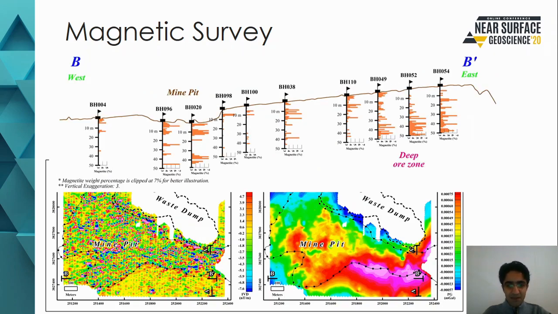And this is the BB prime section. It also greatly highlights the extension of the ore zone towards the east of this study area, and the deep ore zone is being greatly characterized.